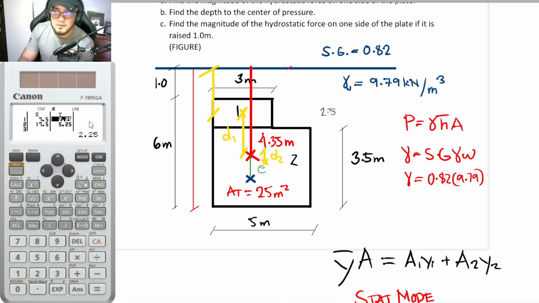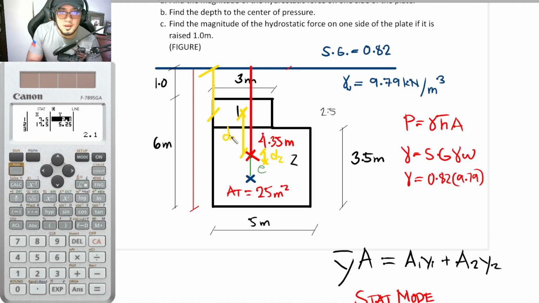Since 2.25 is what we put earlier, which is this one here, we can now say that for D1, that is equal to 4.35 minus 2.25, the one highlighted now in the calculator. So 4.35 minus 2.25. Did I put it correctly? So now, the distance for D1 is 2.1.